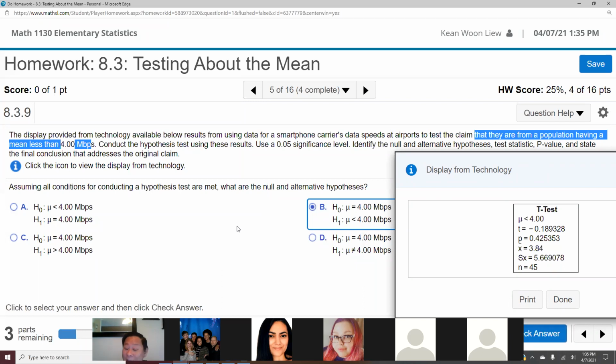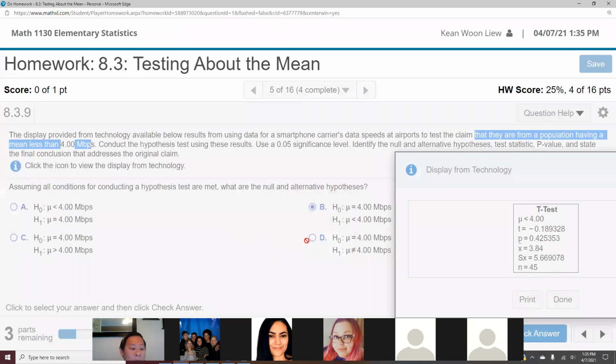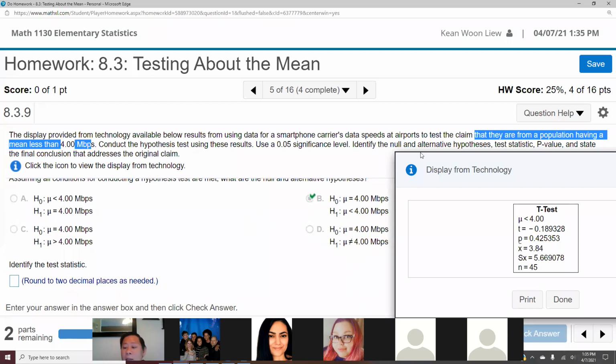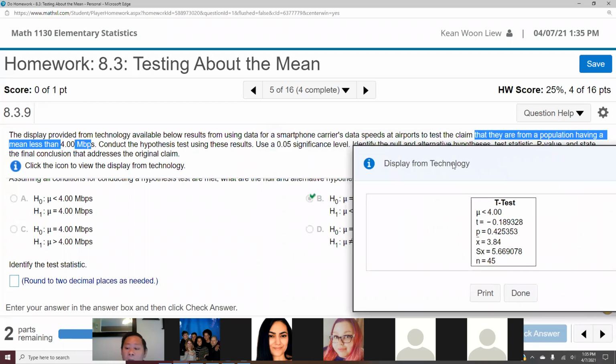This is the type of question you will get from me in the multiple choice. I will give you this, and then you have to pick your hypothesis testing. Test statistic: now you do not need to use your StatCrunch, it's given here. Which one of these shows us the test statistic?